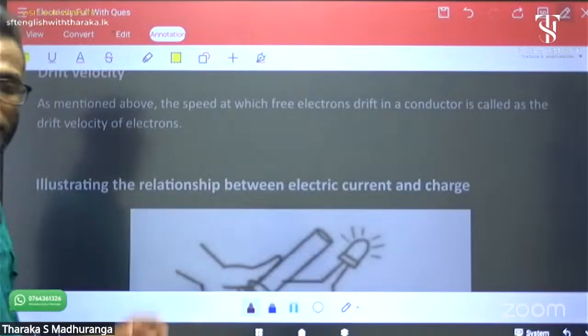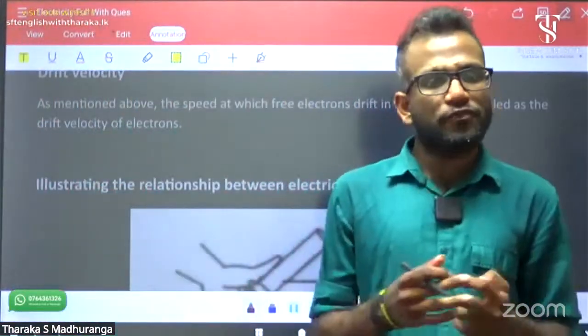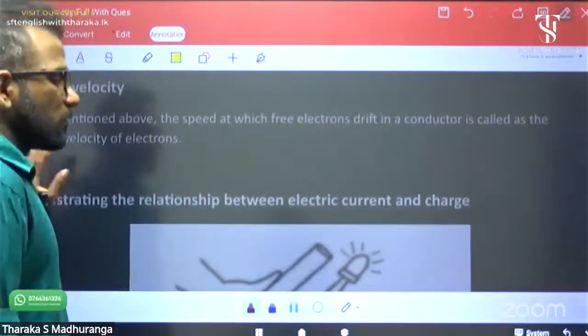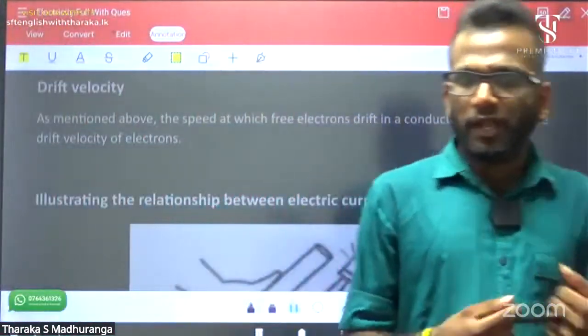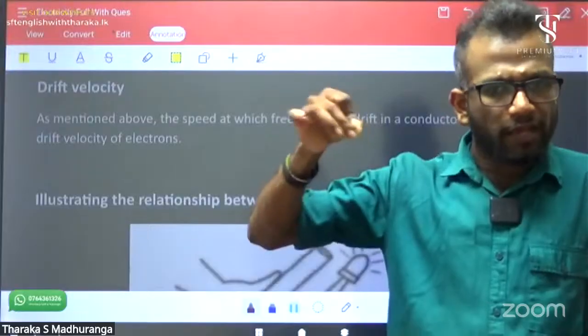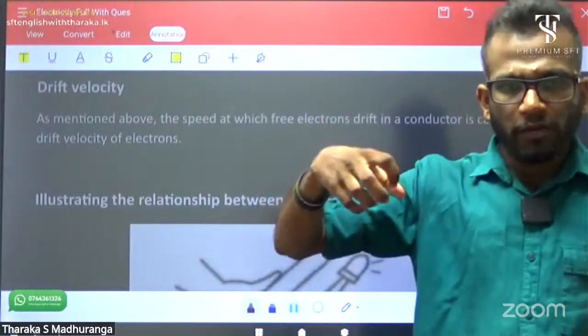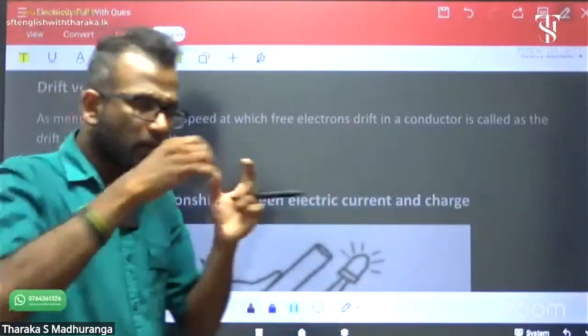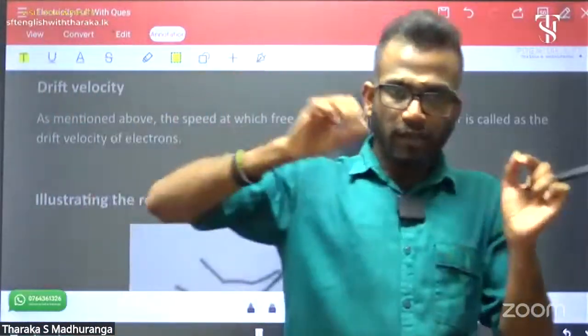Okay, our next topic is the drift velocity. Normally, as I told you, these free electrons are randomly moving. When I connect a potential difference, what happens? They move in a single direction, negative to positive.